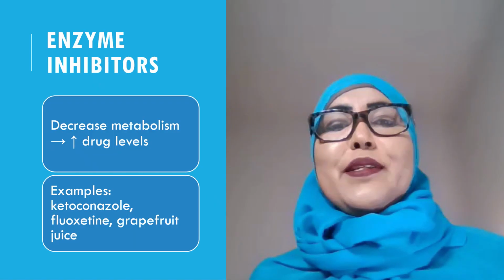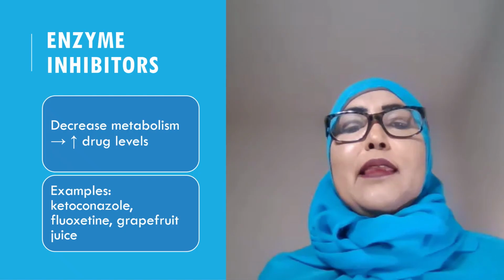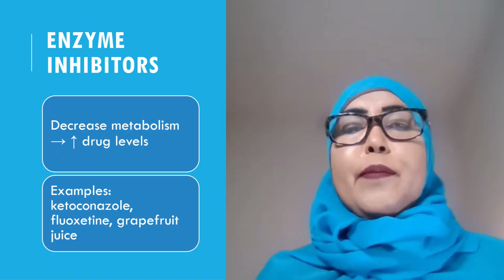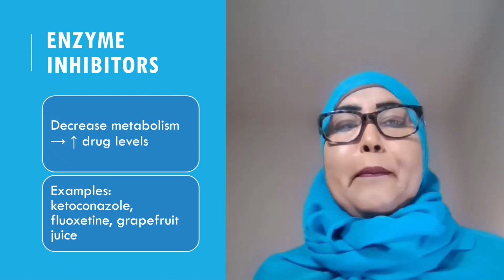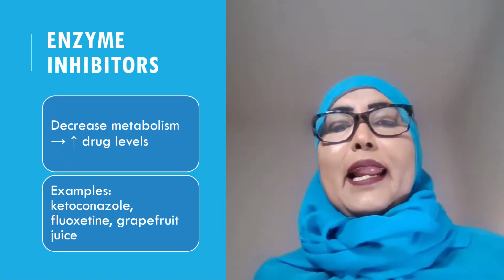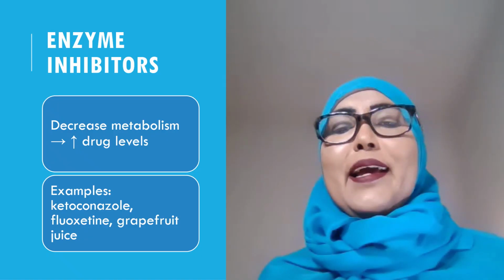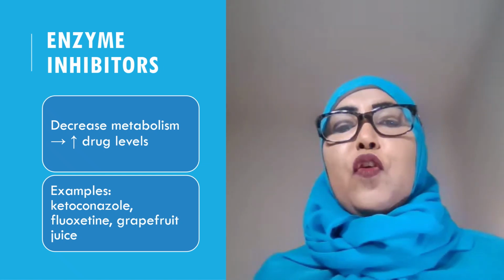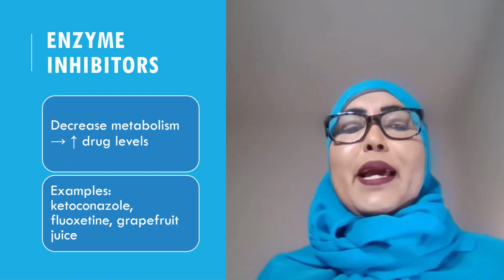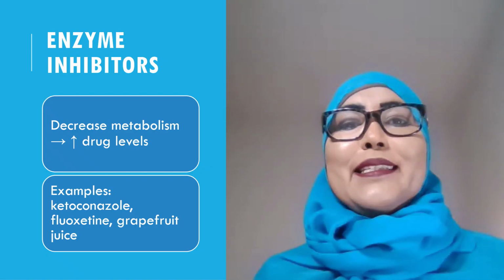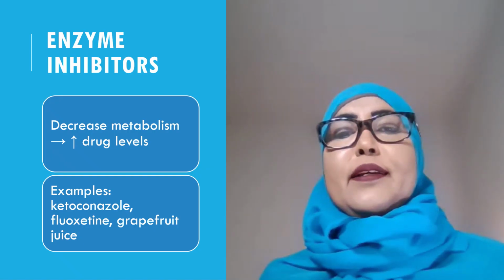While enzyme inducers increase metabolism and decrease drug level in the body, enzyme inhibitors are opposite. Enzyme inhibitors decrease metabolism and increase drug level in the body. Examples of these medications are ketoconazole, fluoxetine, and grapefruit juice. So enzyme inhibitors increase toxicity because there is a lot of drug staying in your body.